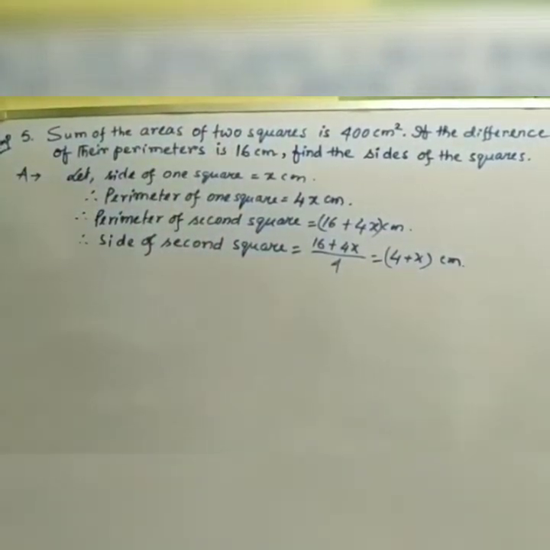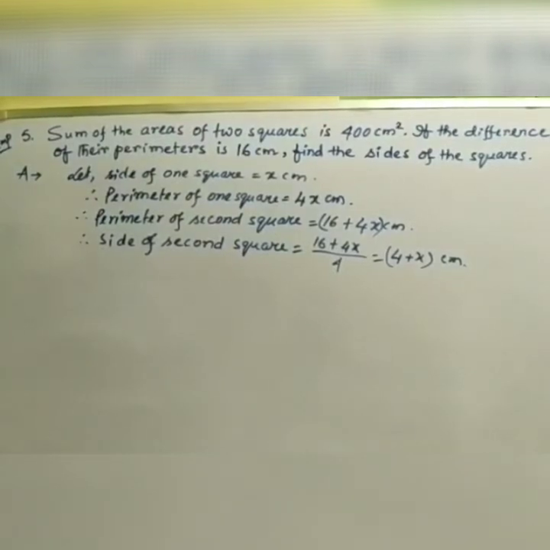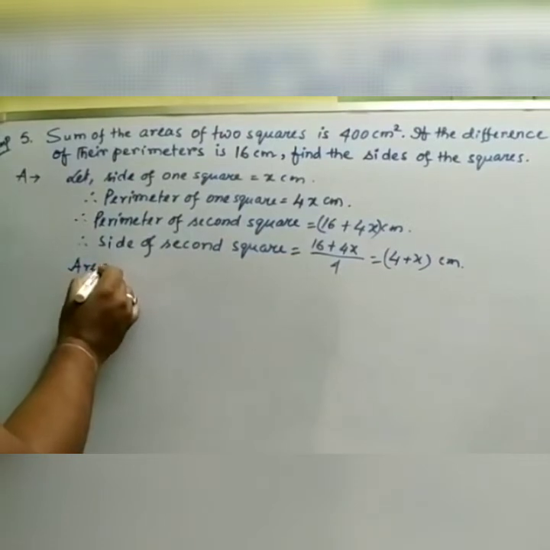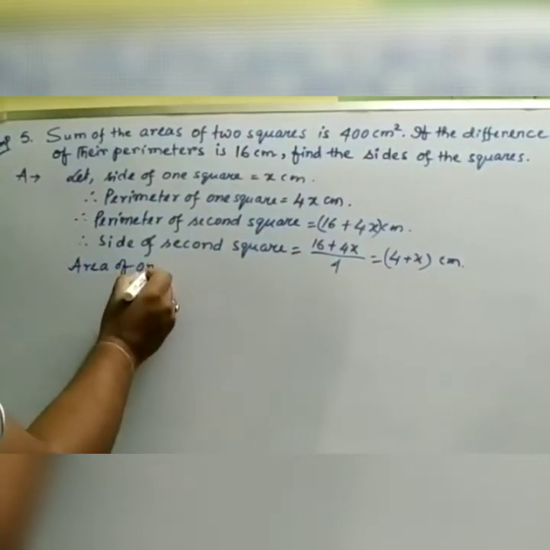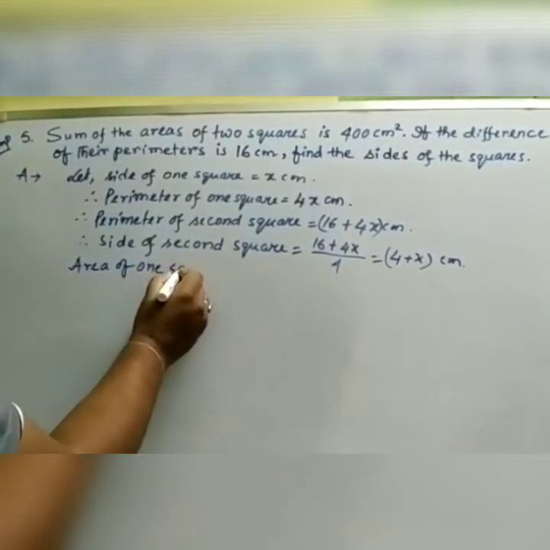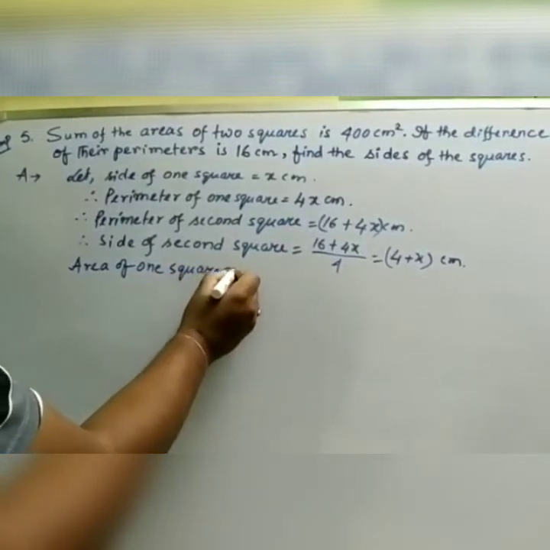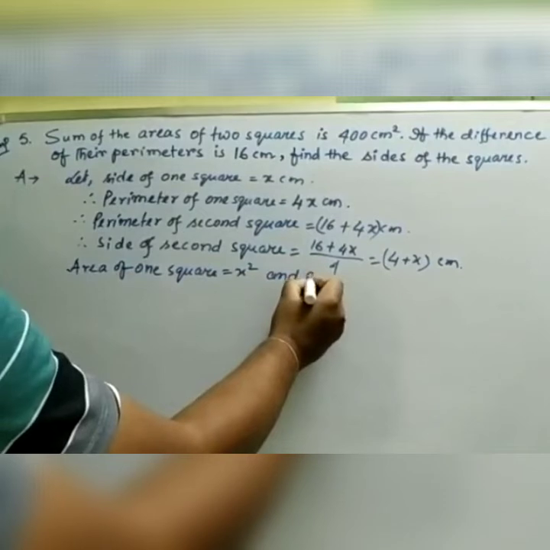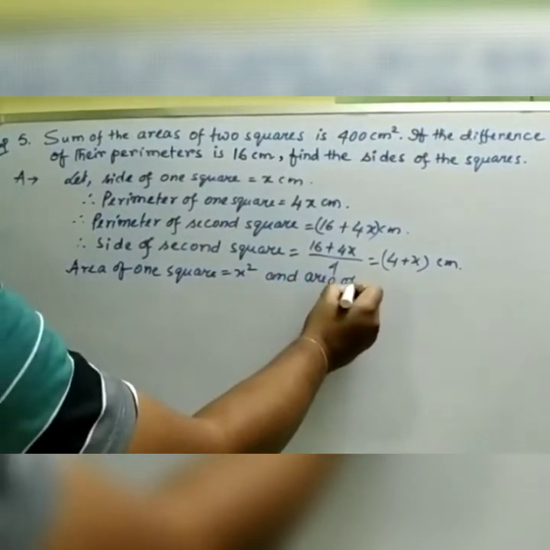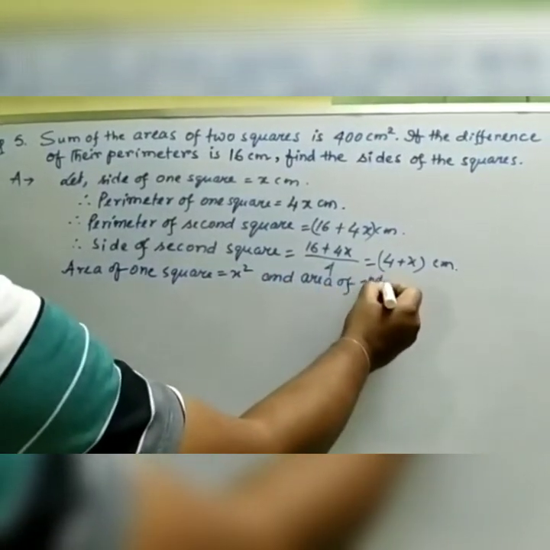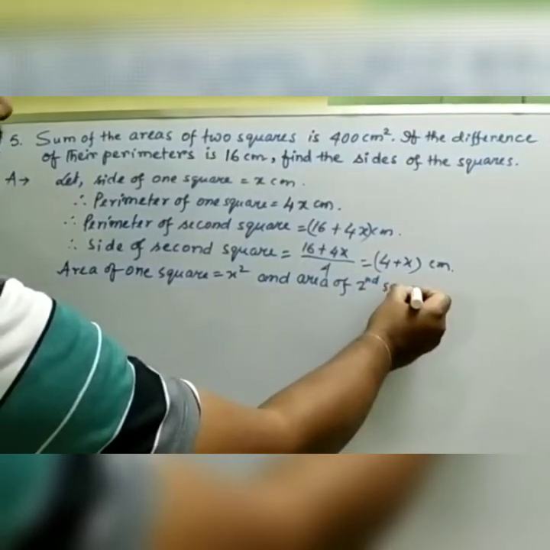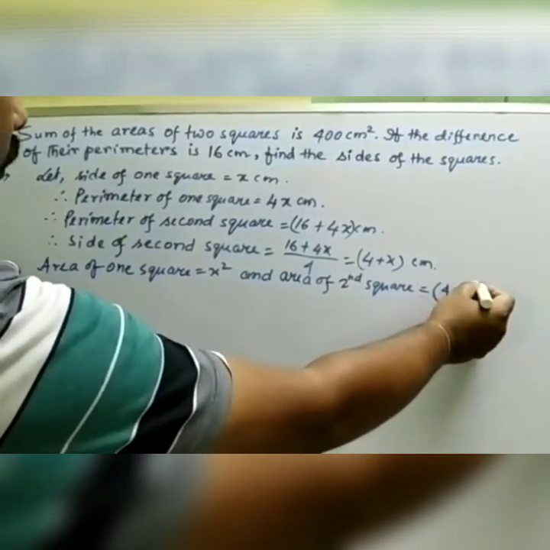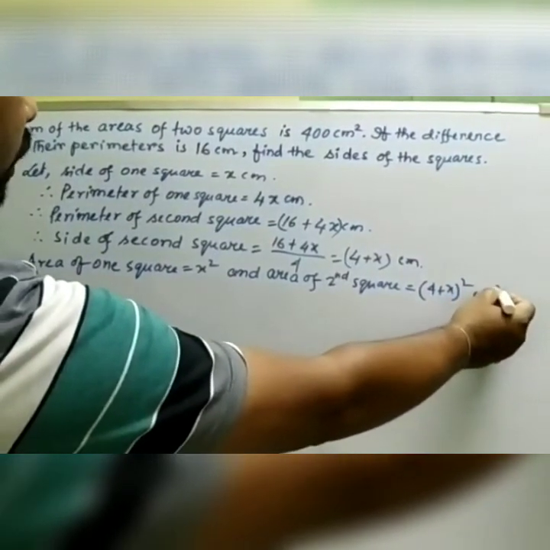Now the sum of the areas is given as 400. As you know, the area of a square is side square. So area of one square equals x square, and area of the second square equals (4 plus x) square centimeter square.